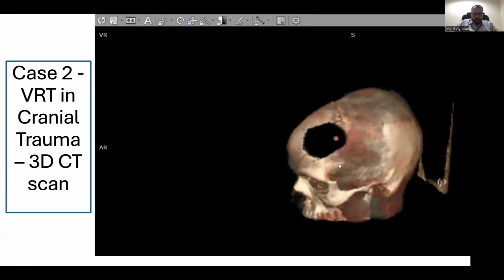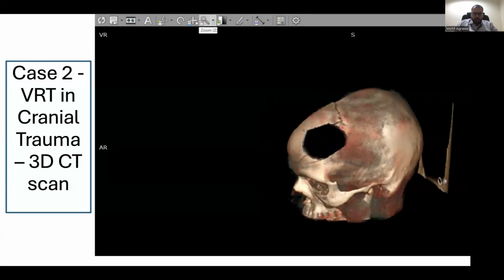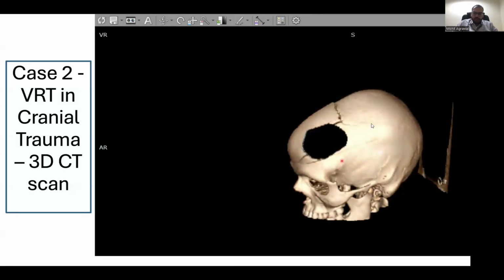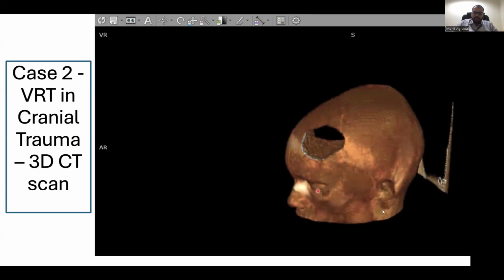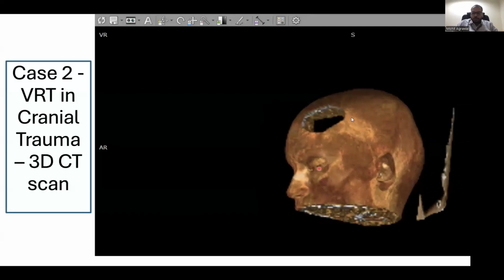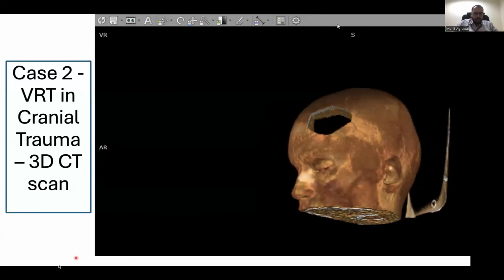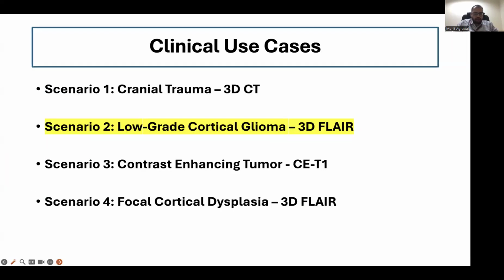And you again rotate the scan: its relationship to the coronal suture, relationship to the midline. And once you use the windowing technique, its exact relationship to the nose, to any of the commonly used external landmarks which you might see on the patient's head while planning a craniotomy.